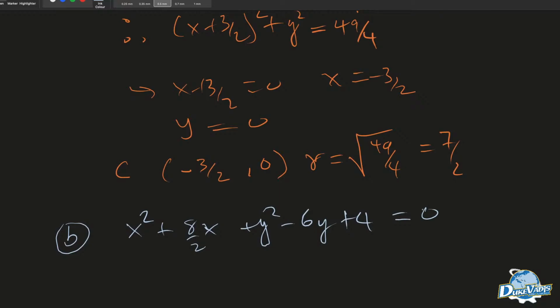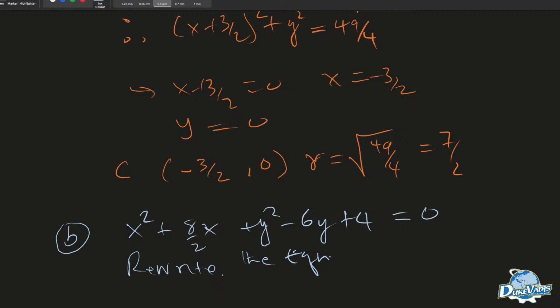So the same approach. So we have to rewrite this equation by simplification.